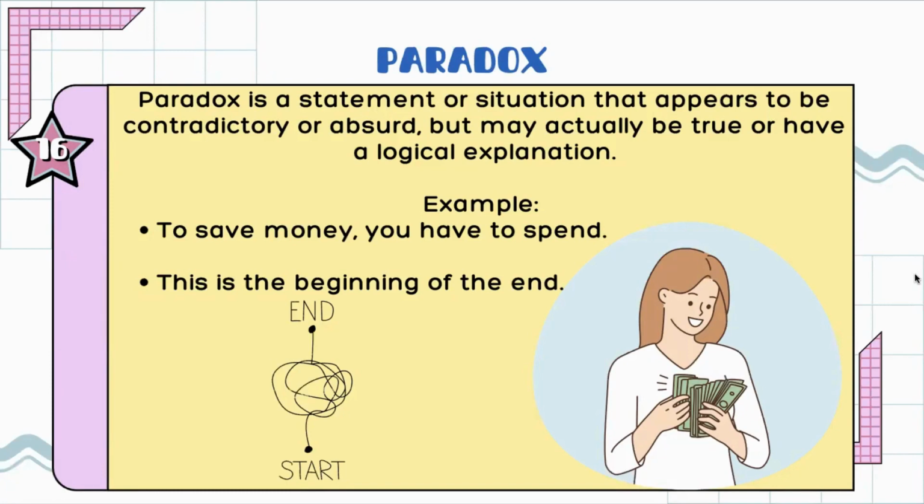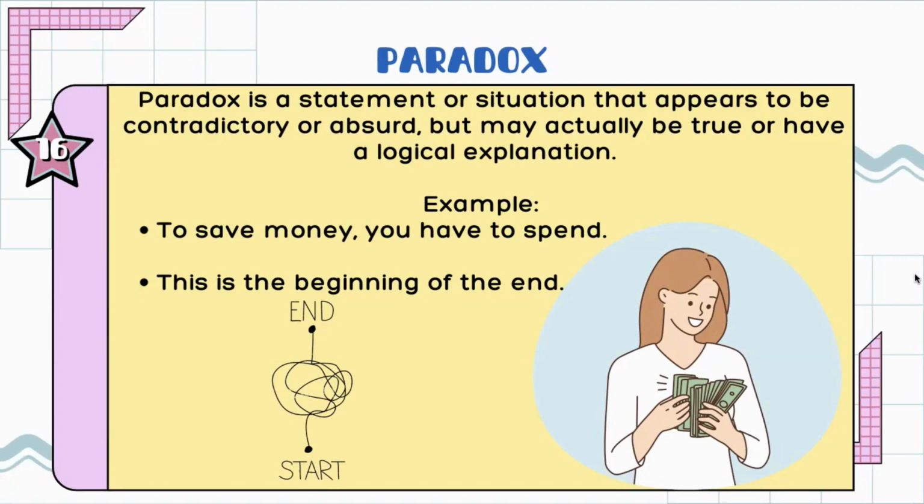Here, a statement may sound ridiculous, but somewhere it's true or maybe logical. For example, to save money, you have to spend. In this example, it appears to contradict the conventional understanding of saving money. Typically, saving money is associated with not spending it, but rather reducing expense or to save it.